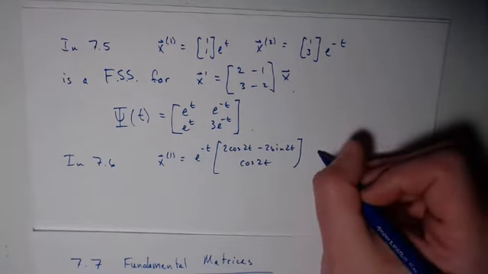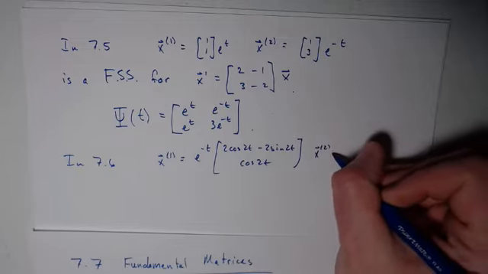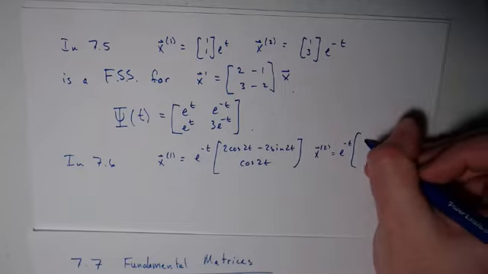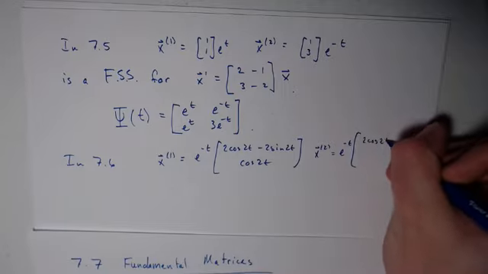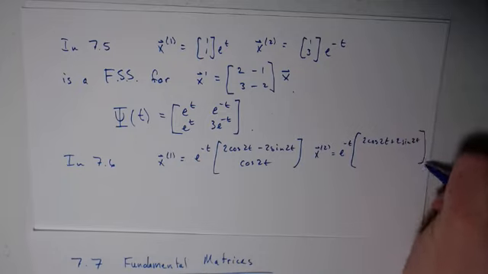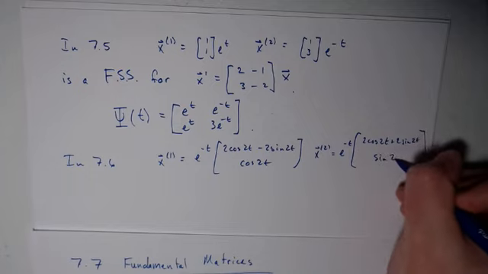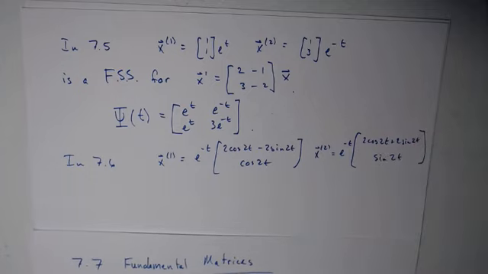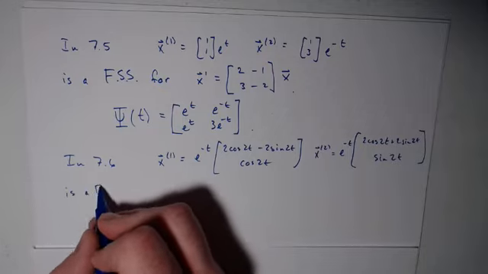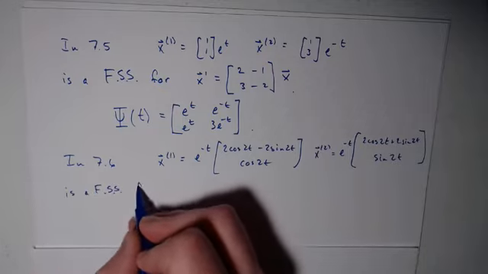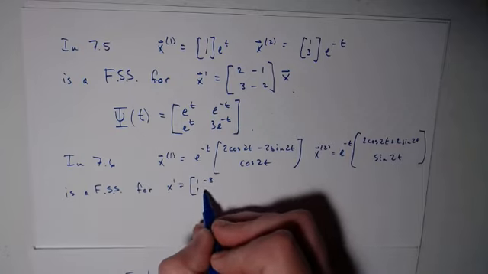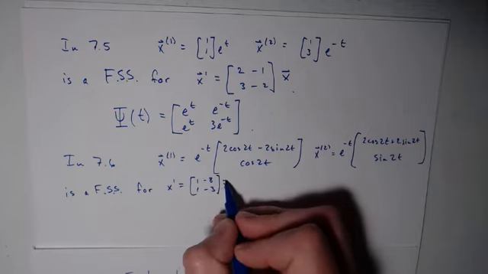And x2 was e to the minus t times (2 cosine 2t plus 2 sine 2t, sine 2t). And that was a fundamental set of solutions for x prime equals the matrix (1, -8; 1, -3) x.